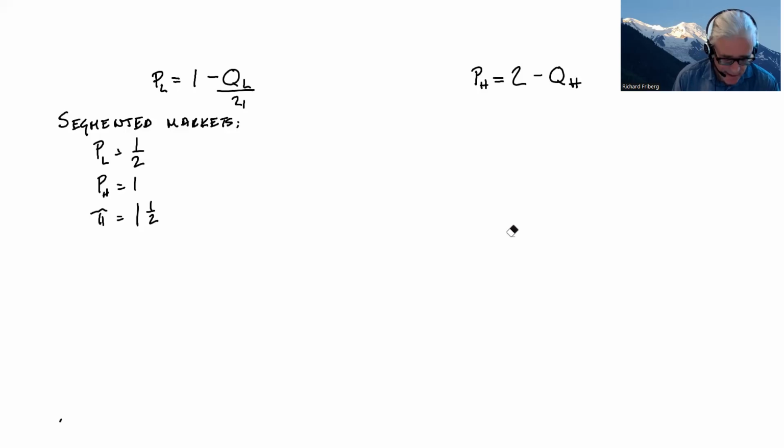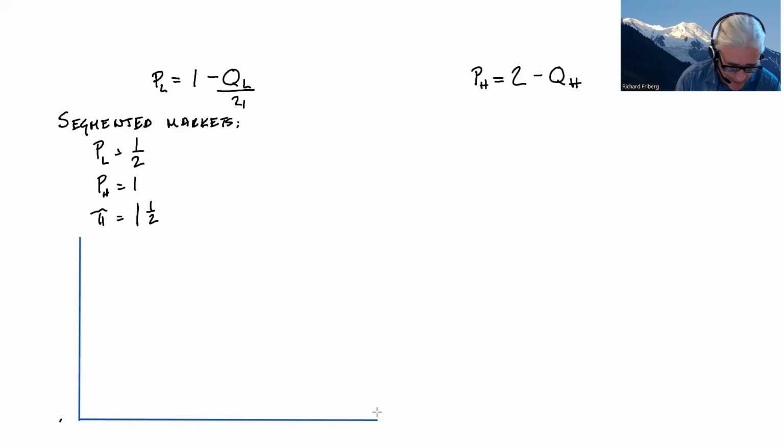So when we're looking at the case of integrated markets, we need to first find what's the market demand curve. What's a combined demand if we combine the two groups. So let's switch colors here. Think of blue as integrated. Want to draw the full market demand curve.